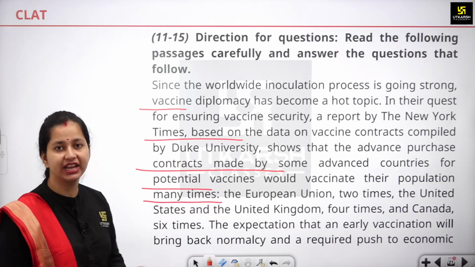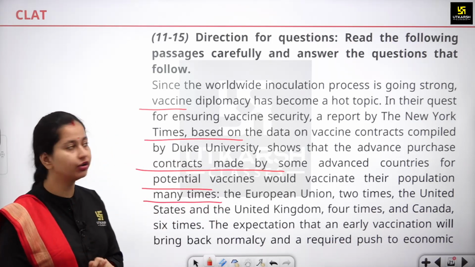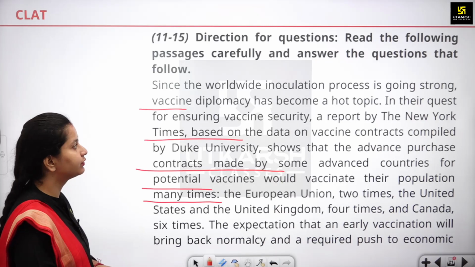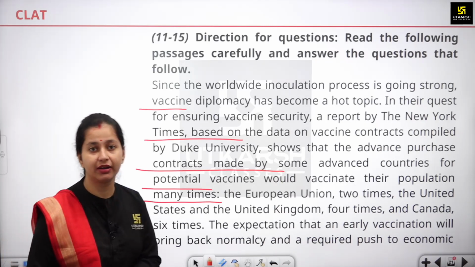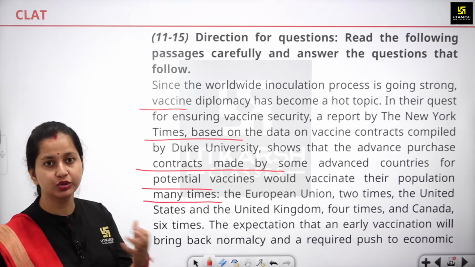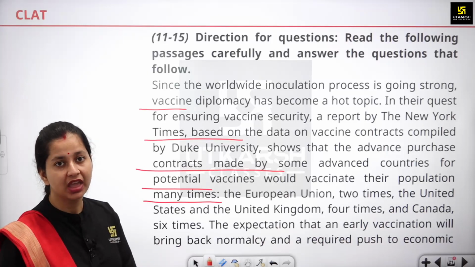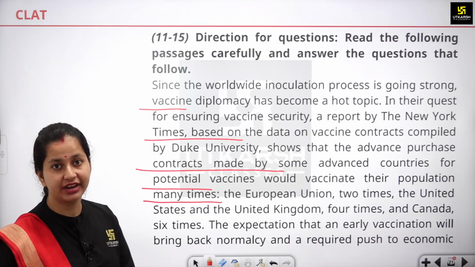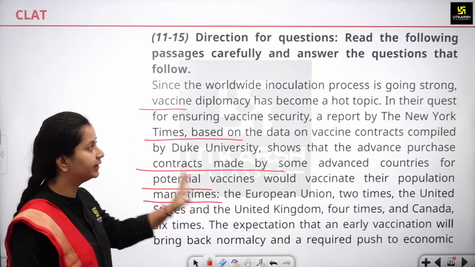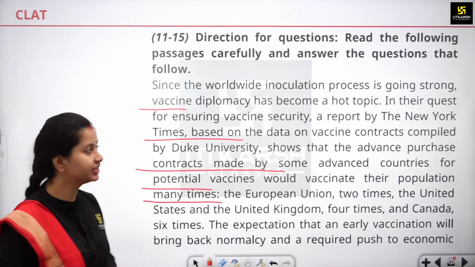So what it is saying is that there is diplomacy going on over vaccines, and in their quest for ensuring vaccine security, every country wants to have vaccine security so that none of them is left unvaccinated, and that's why vaccine diplomacy is going on.